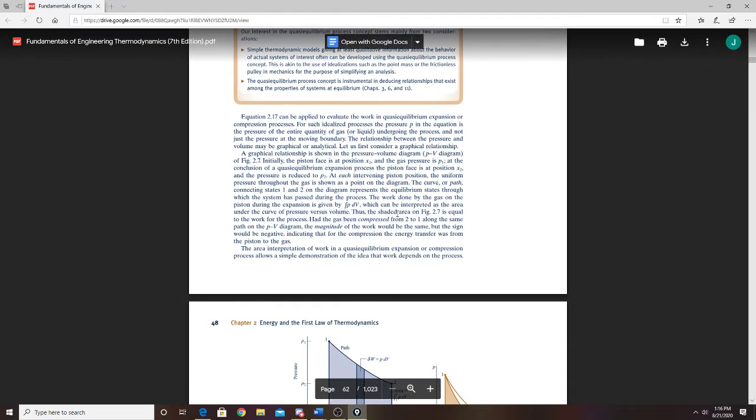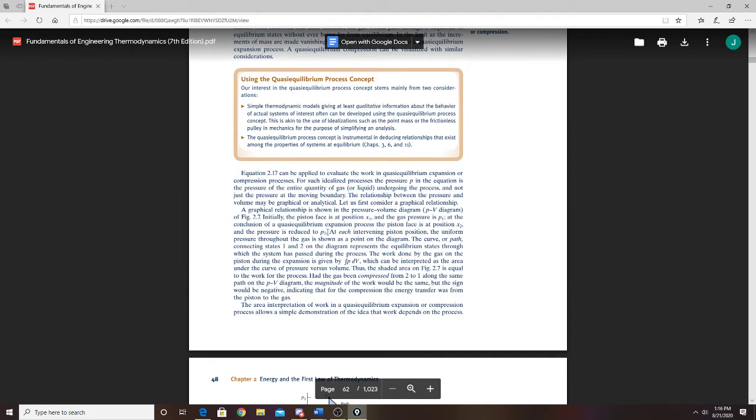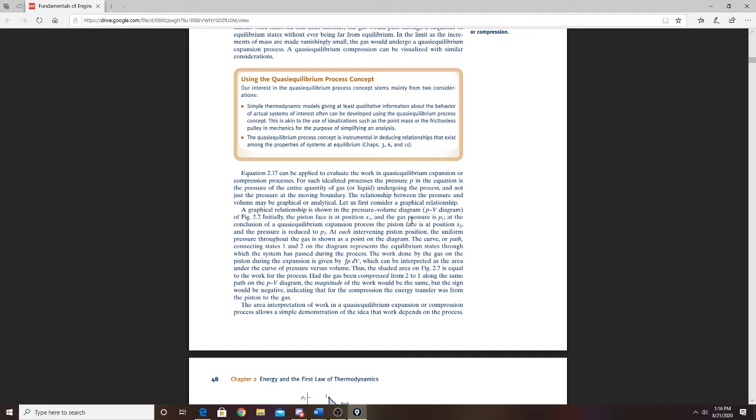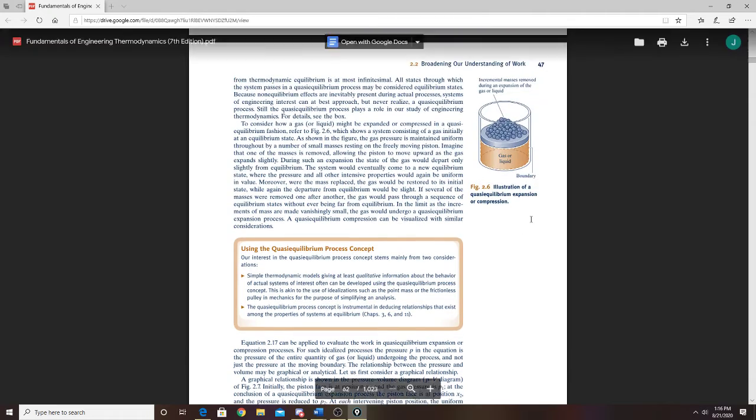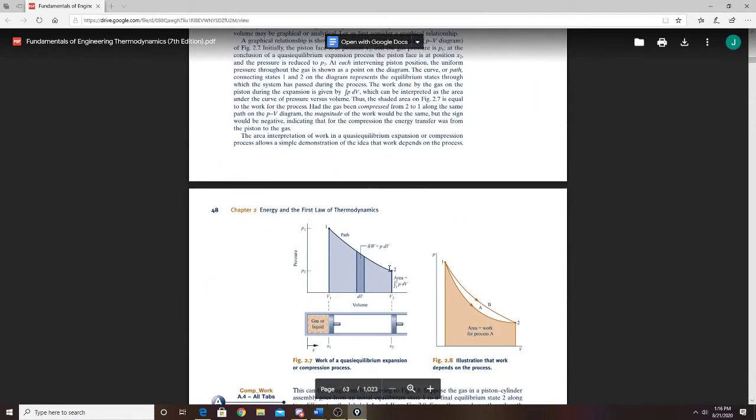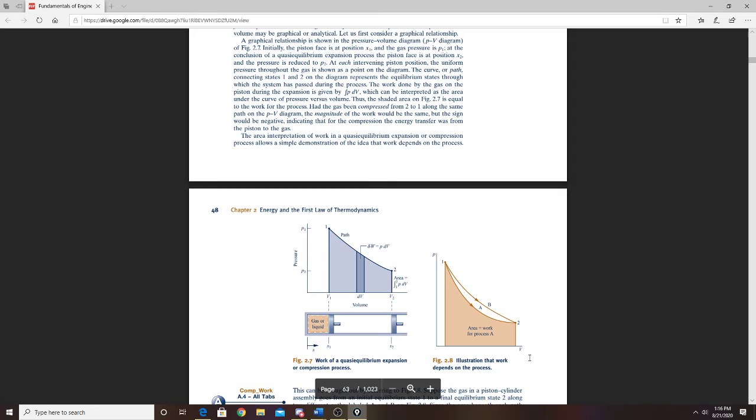It says, a graphical relationship is shown on the pressure-volume PV diagram of figure 2.7, which is right here. So this is a PV diagram, with pressure on the Y and volume on the X, right? And it's saying that at each intervening piston position, the uniform pressure throughout the gas is shown as a point on the diagram.